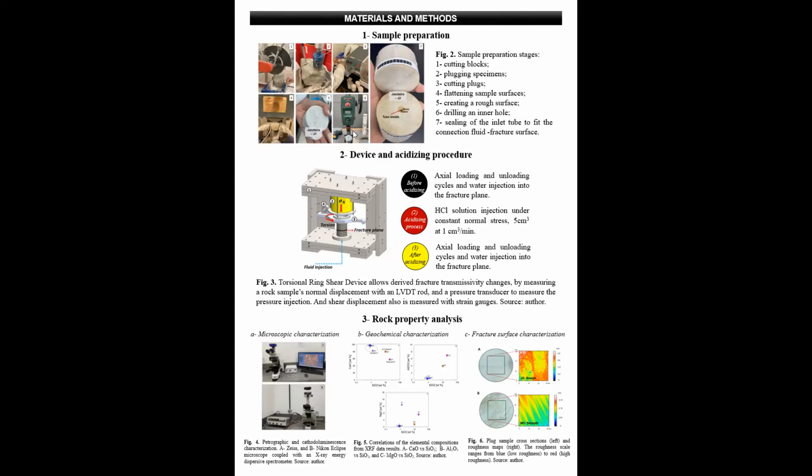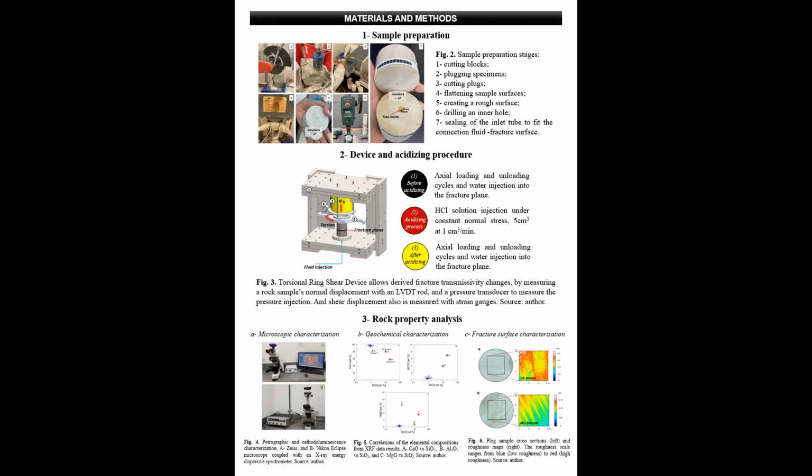I drilled an inner hole in some samples, and finally I sealed the inlet tube to fit the connection between fluid and fracture surface. At the end of this stage, I got 24 core plugs, 4 plugs for each sampled rock.